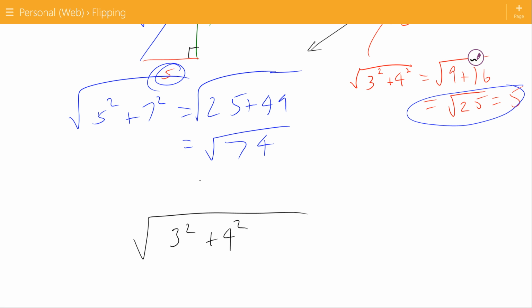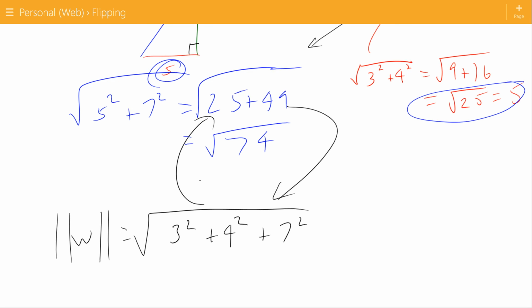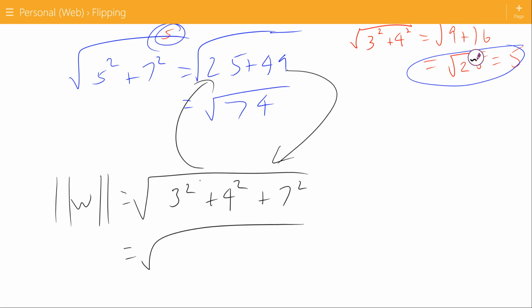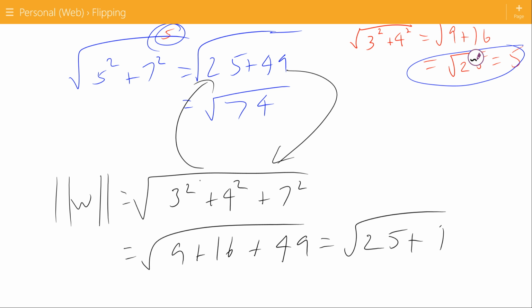We know this is 25. We're going to use this again right up there. So why not use the 7 squared down here as well? And what we'll see is that this gives us the exact same thing. What this will be is the square root of 9 plus 16 plus 49, which is the square root of 25 plus 49, which is what we had right back there.